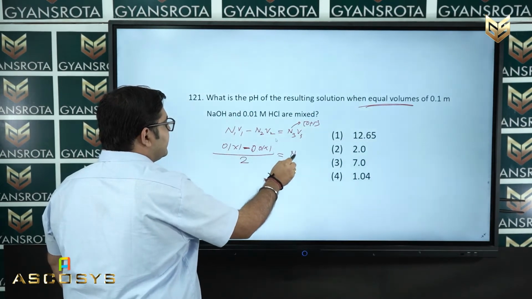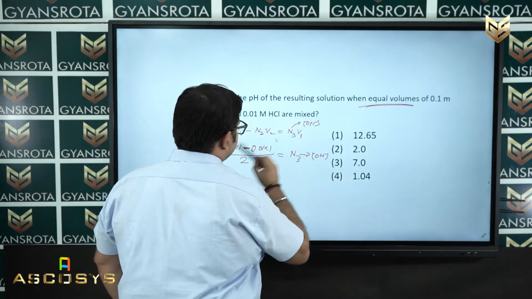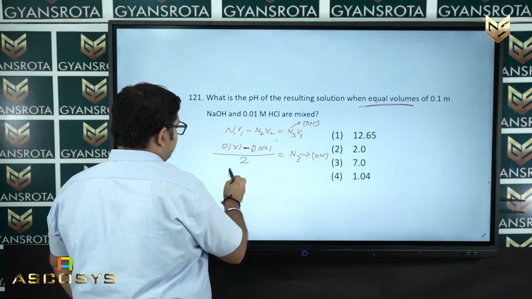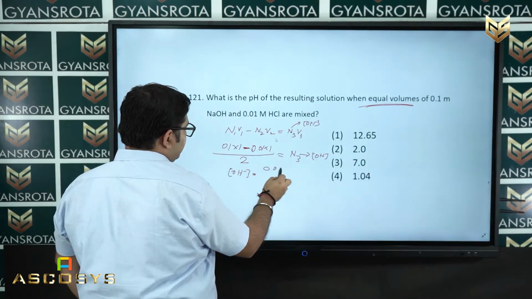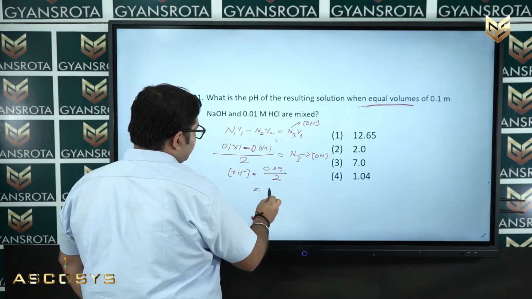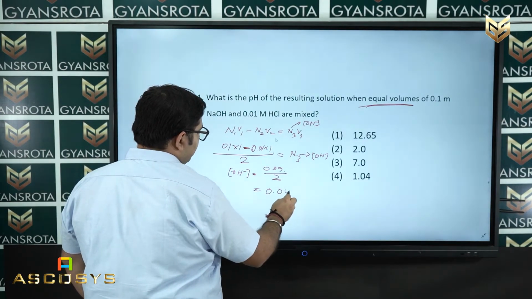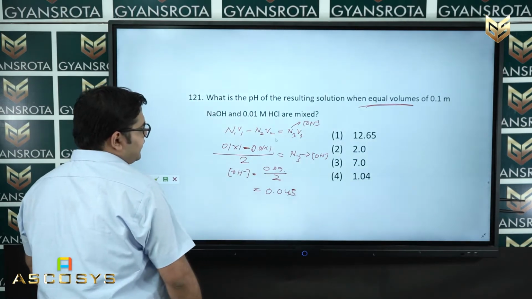This is equal to N3, which is the OH concentration. If you solve this, OH concentration is equal to 0.09 divided by 2, and it is coming as 0.045. Okay. So, this is your OH concentration.